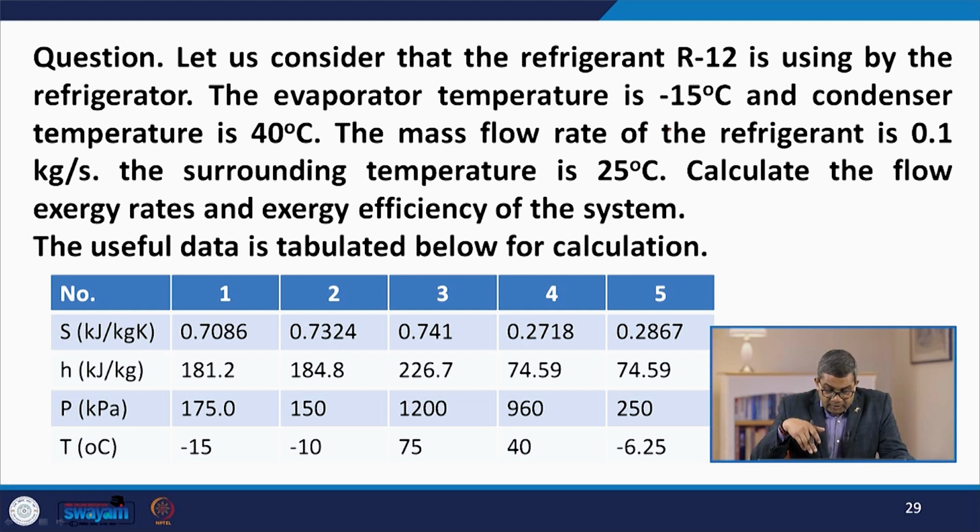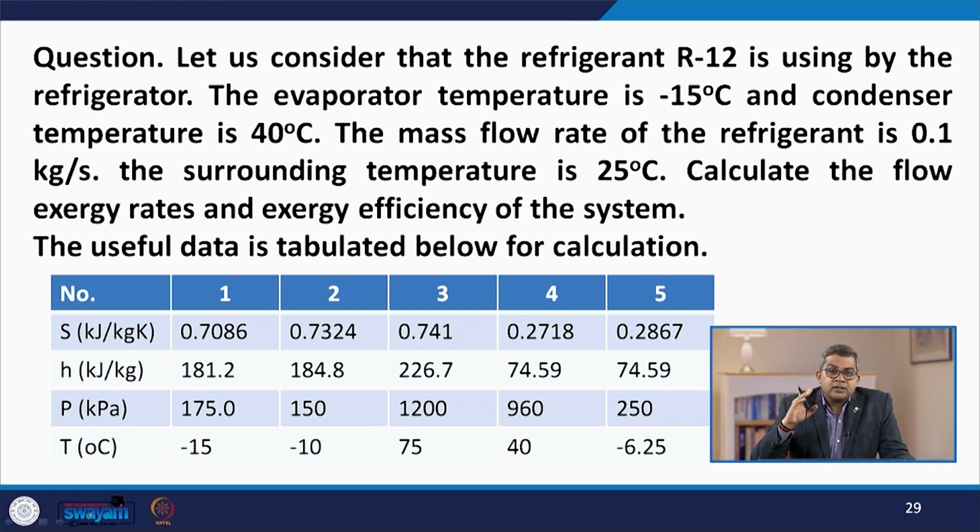We have given some useful data in tabulated form for different stages 1, 2, 3, 4 and 5, and the entropy in kilojoule per kilogram Kelvin. Again, you see the same aspect we have applied.